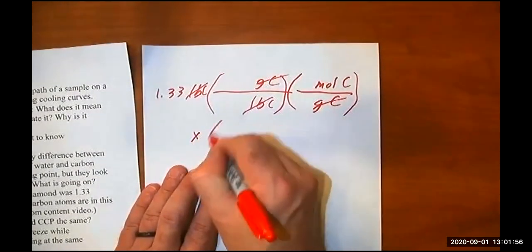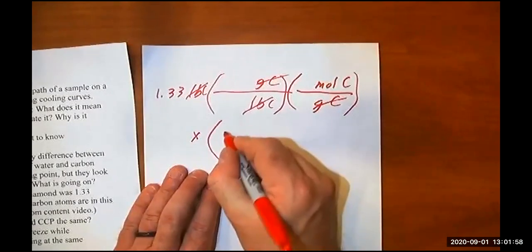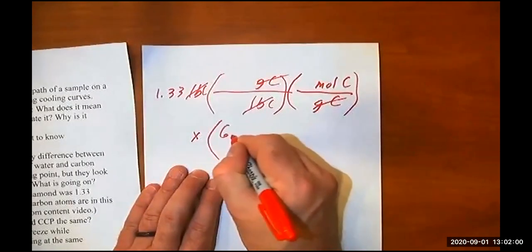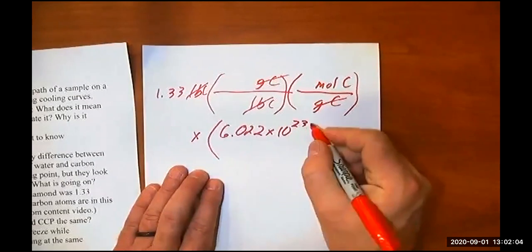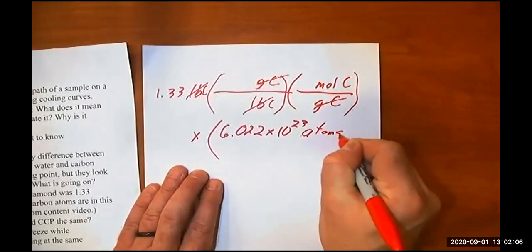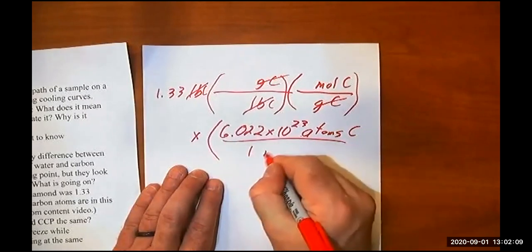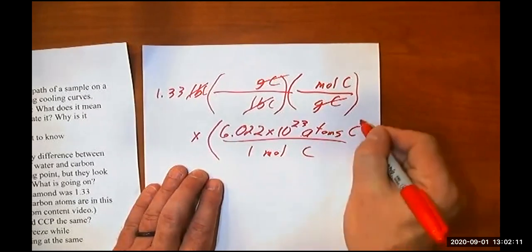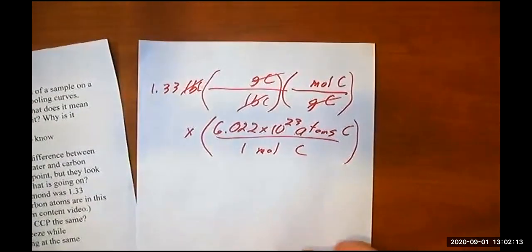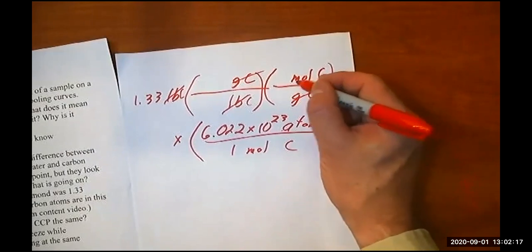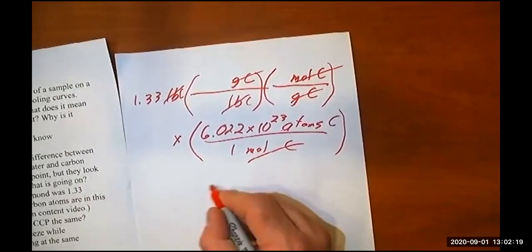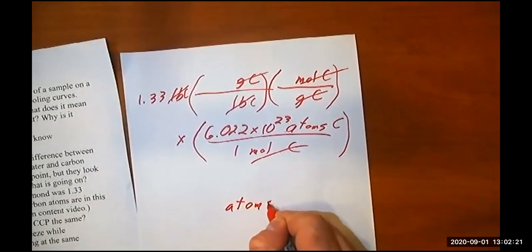You're then going to multiply this by Avogadro's number. So 6.022 times 10 to the 23rd atoms of carbon per 1 mole of carbon. Okay. And that is going to give you your answer. So moles of carbon cancels with moles of carbon, and so you're left with atoms of carbon.